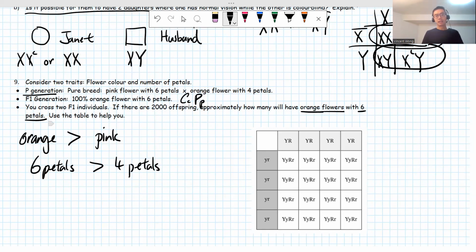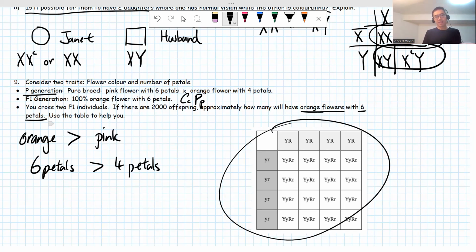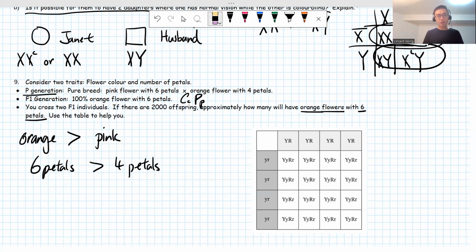And then here is a reference chart. Again, it doesn't have to necessarily match up with the letters that you're using. This is just for your reference, if you forgot what ratio represents what. In this particular case, we are looking for orange flower, which is a dominant trait, and 6 petals, which is also a dominant trait. So if you forgot, I'm just going to write it down for you. The 9 is the double dominant, right?